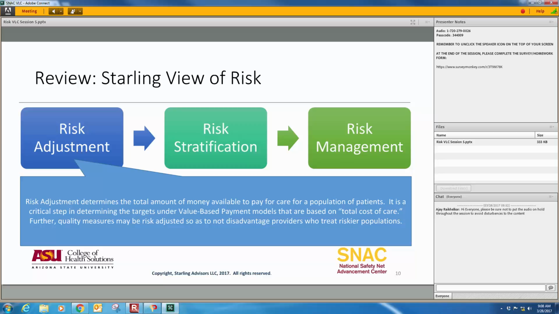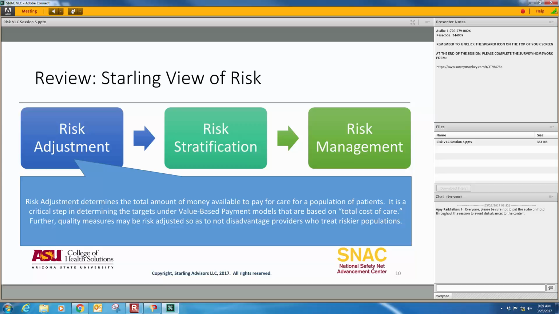Risk adjustment is really a tool that payers use to identify how much funding is going to be directed towards a specific population of patients. As we know, it's a really critical step in any of the value-based payment models that we're being faced with, and more than ever, many are asking us to be cognizant of how total cost of care fits into that.